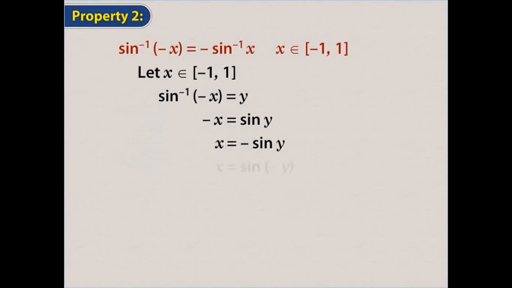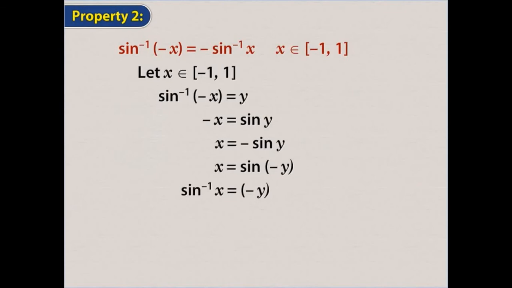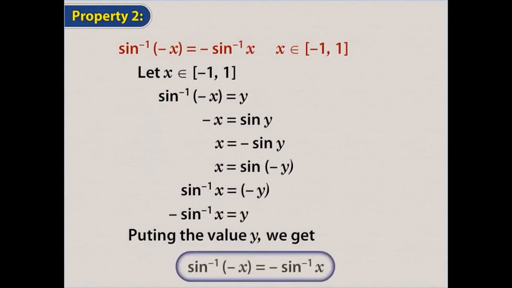This implies that x equals sine of minus y. Sine of minus theta equals minus sine theta. So, sine inverse of x equals minus y. Therefore, sine inverse of minus x equals minus of sine inverse x.